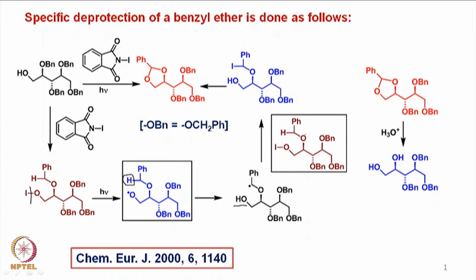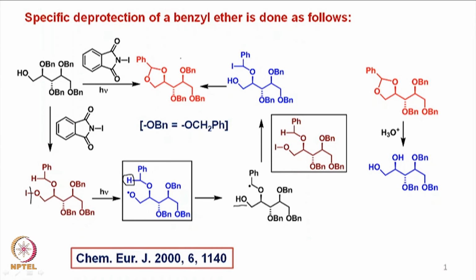hypoiodite, which is shown here, and picks up the iodine radical from here and generates an oxygen radical, which is the same as this particular species. And once this hypoiodite reacts with this radical leading to this iodo compound, there is an intramolecular closure of this part of the molecule leading to the ketal of this type.